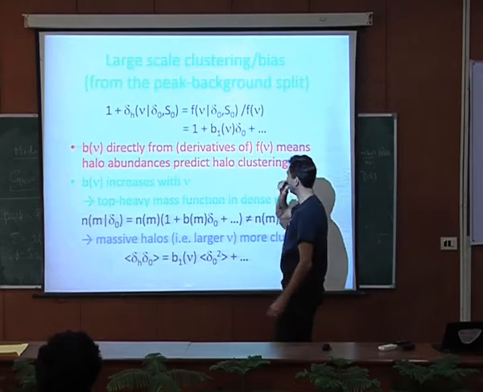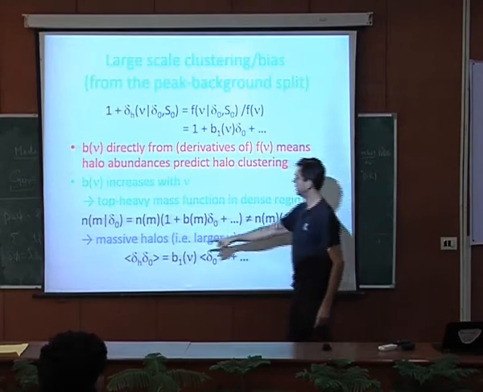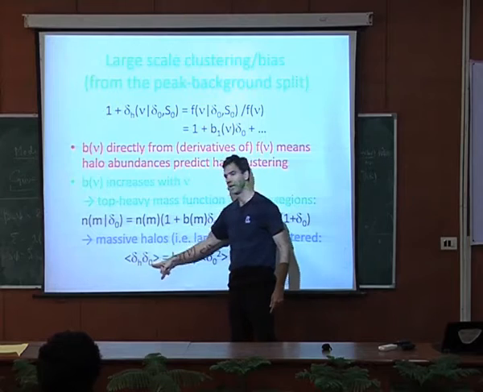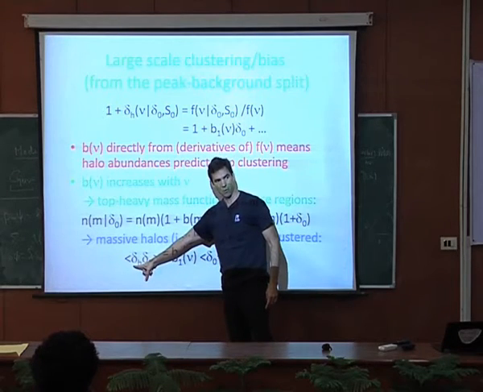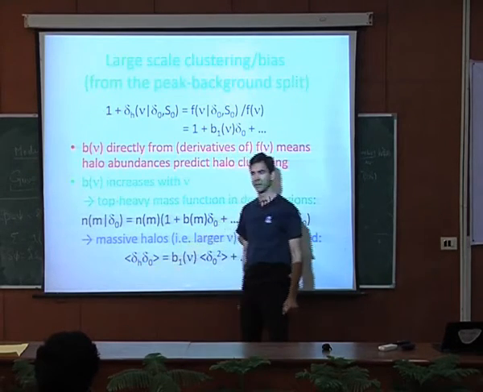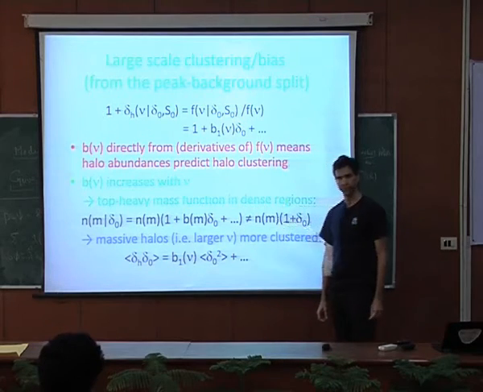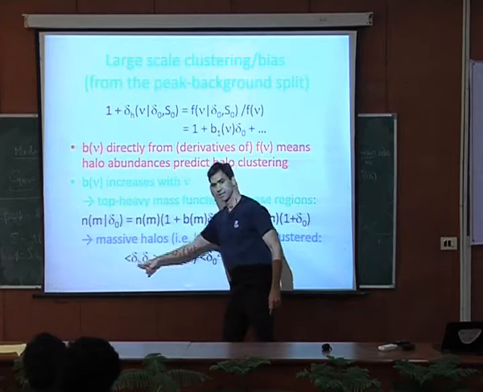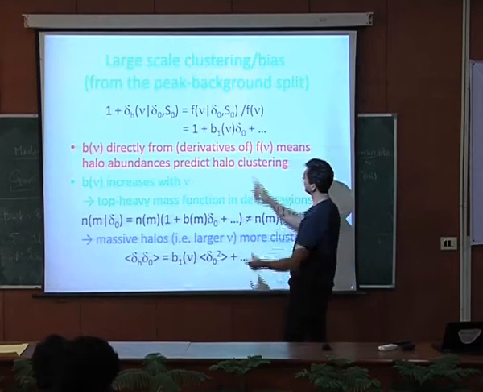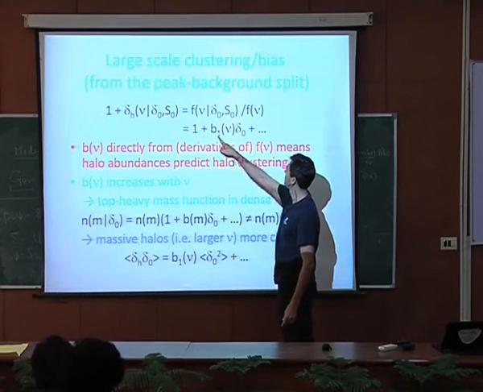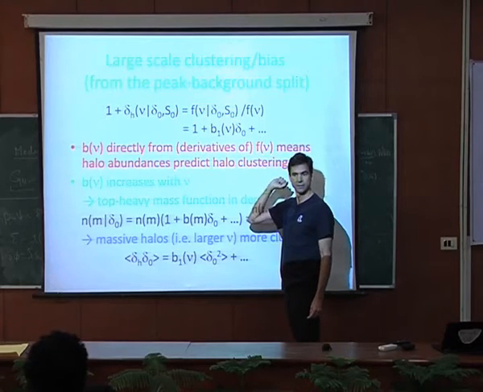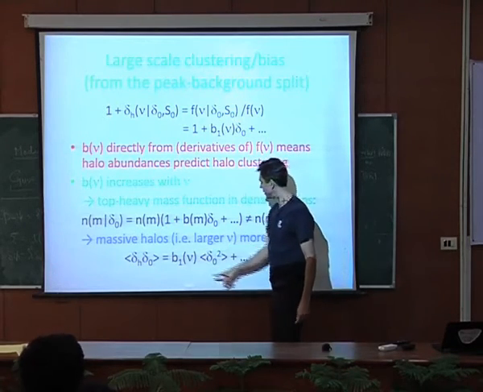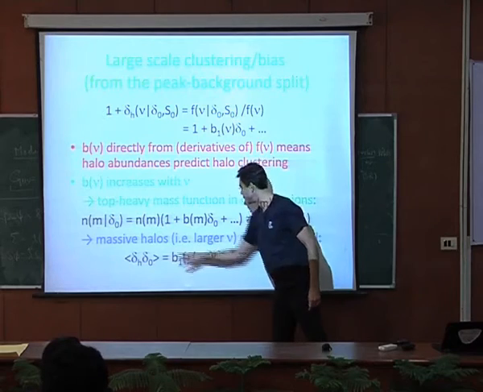So now we can do the cross correlation between the overdensity of the halos and the overdensity of the matter. If I want to do this, then delta halo is the same as B1 times delta matter. And so there's B1 times delta matter with delta matter.